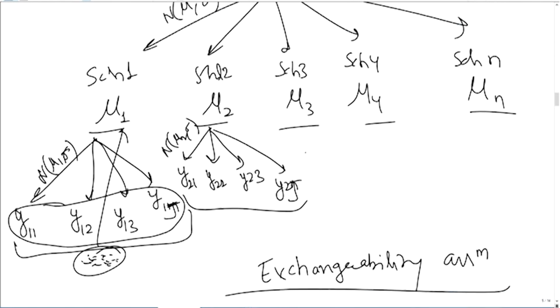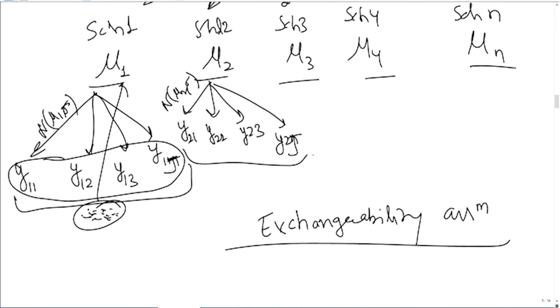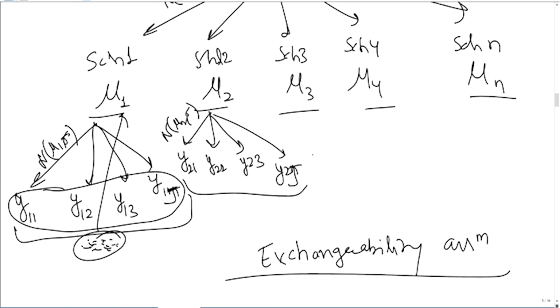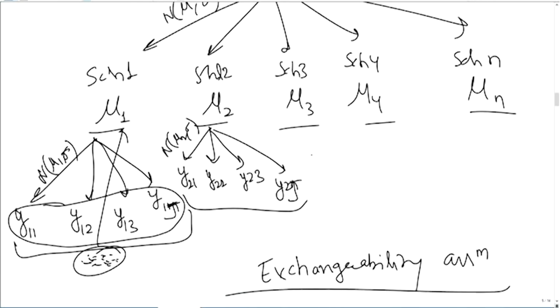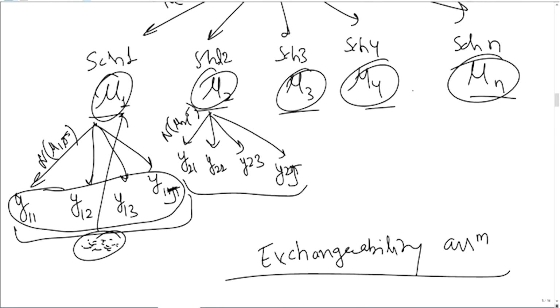It is this: the joint probability distribution of, let us say, these school level scores would remain the same even if you change their sequence.